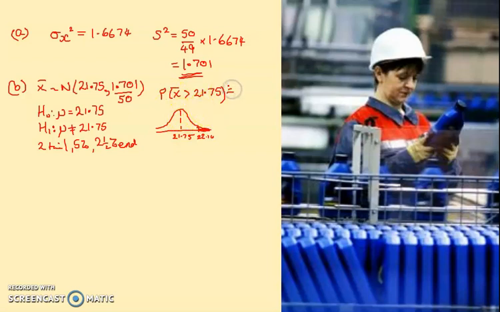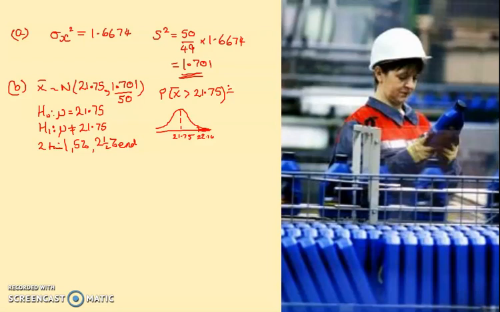So let's do it. We go menu 7, normal CD, lower is 22.14, upper 99999. Sigma is the square root of 1.701 divided by 50. And mu was 21.75.